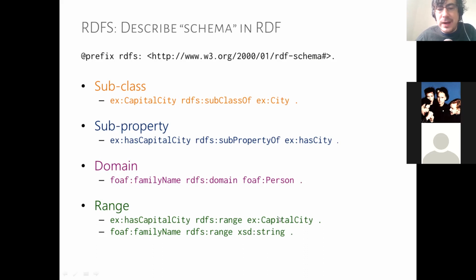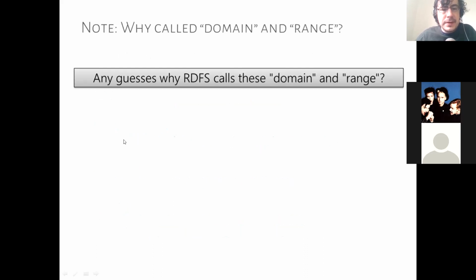We can also define the range, the objects, to be instances of data types. So that's the core of RDFS. There are some additional elements in there that we'll see a couple of those, but the core of RDFS are subclass, subproperty, domain, and range.